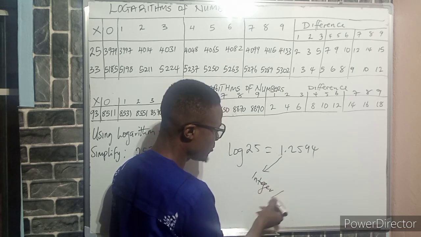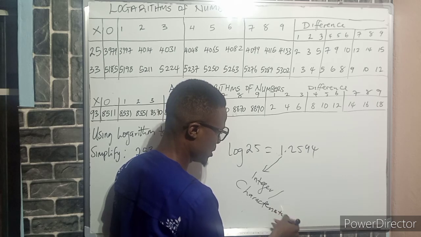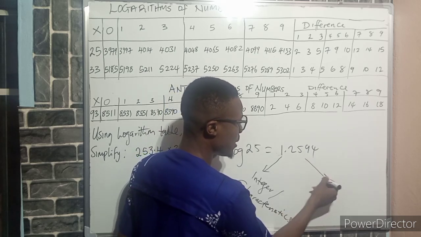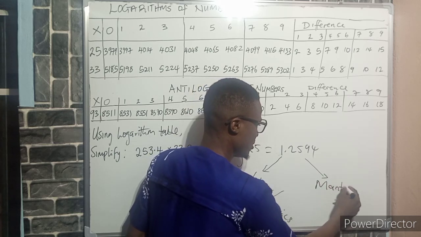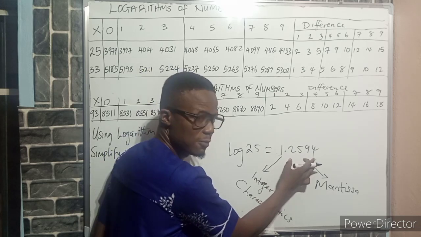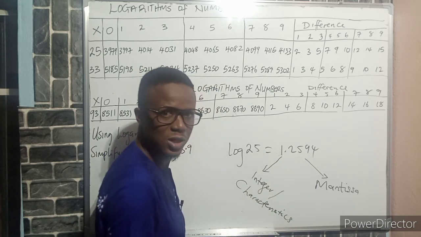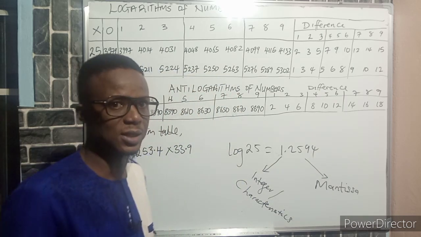If you don't call it integer, you are free to call it the characteristic. While the fraction or decimal part of a logarithm number is known as the mantissa. So the whole number part of a logarithm is known as the integer or characteristic, while the decimal part of a logarithm is known as the mantissa.